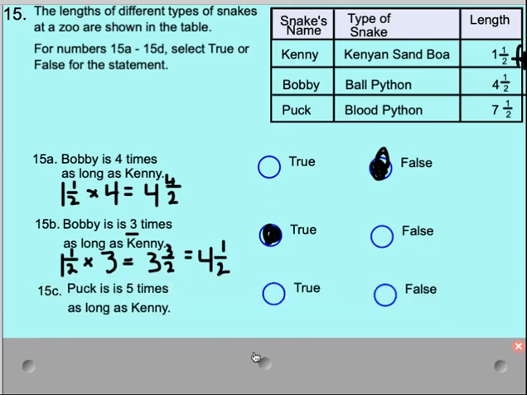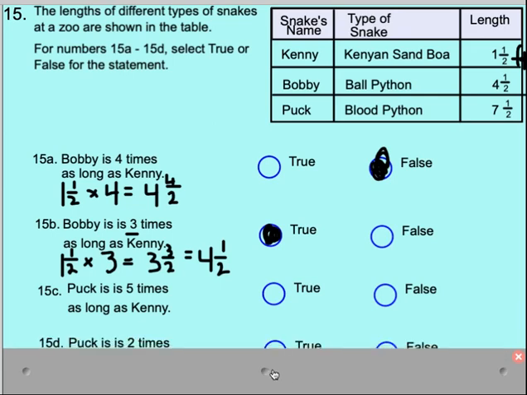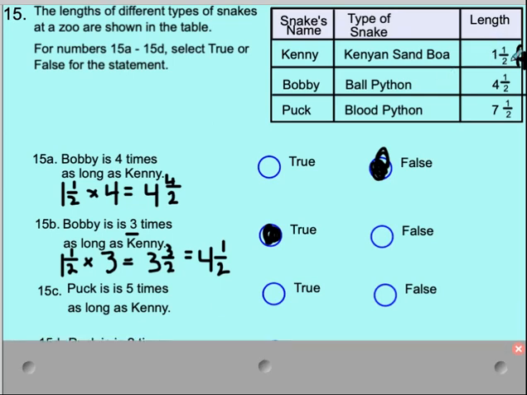All right. Number 15C. Puck is 5 times as long as Kenny. What do you think? Okay, so what are you going to do? How are you going to set this thing up? So we're going to do 1 1/2 times 5 and see if we come up with Puck's length. If we do, it's a true. If we don't, it's a false. 1 times 5 is 5. Actually, let's try this one another way.